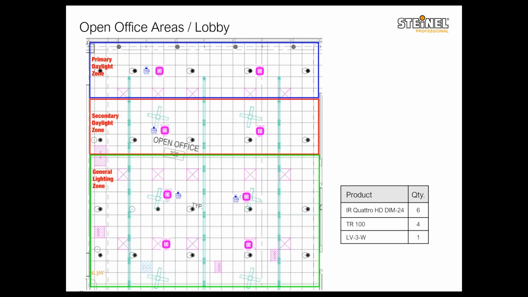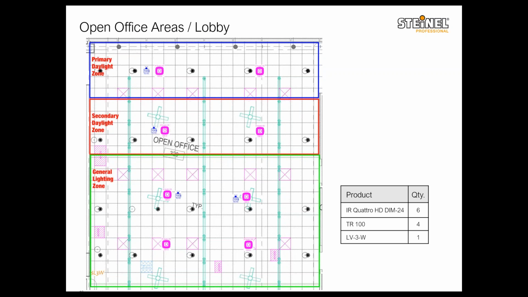You would need a power pack to control the lights in the primary. You need a separate power pack to control the lights in the secondary daylight zone, at least one power pack for the general lighting zone, and at least one power pack for receptacle control.